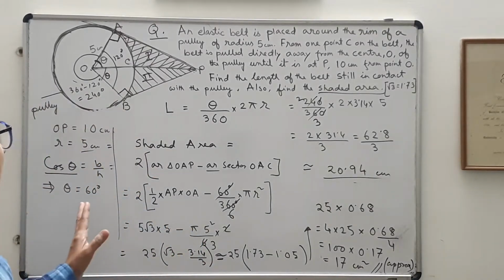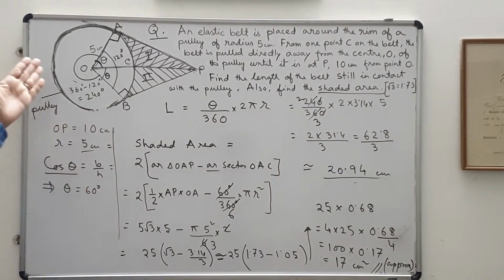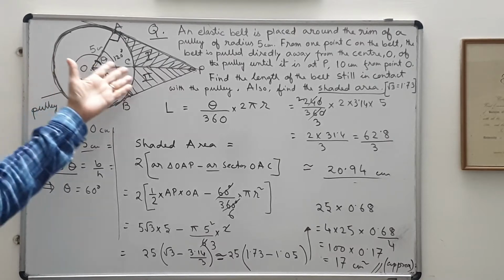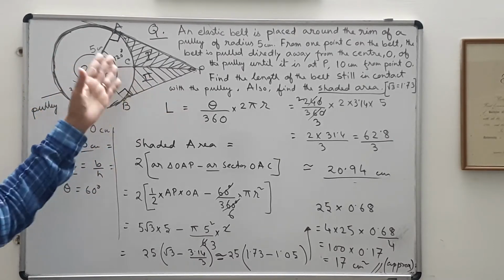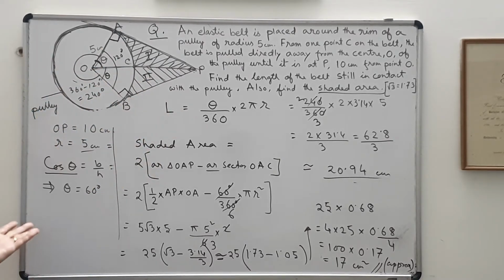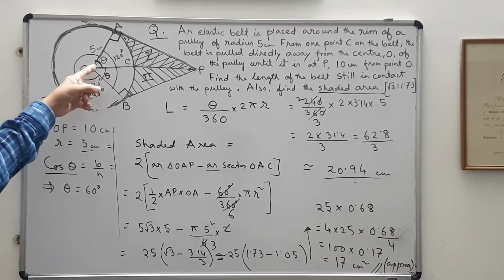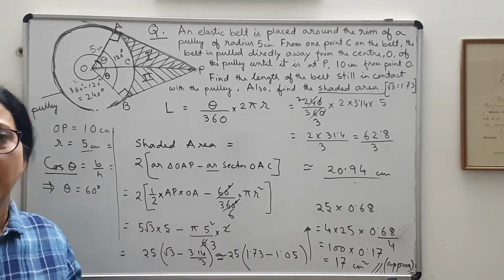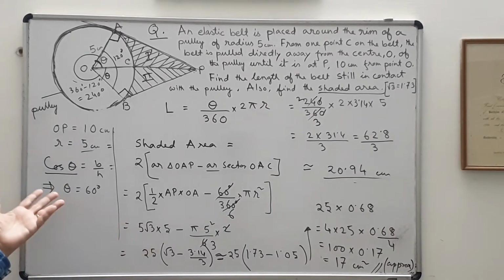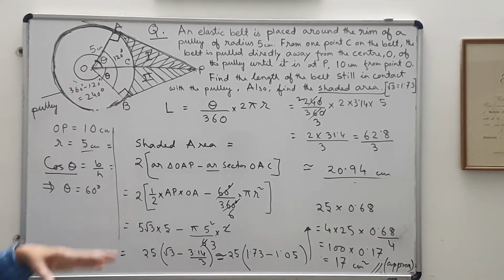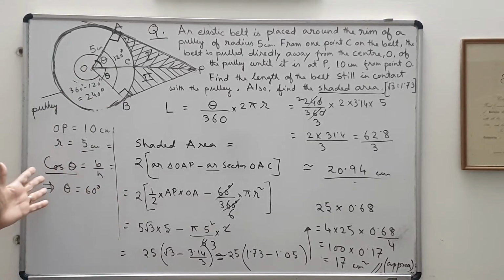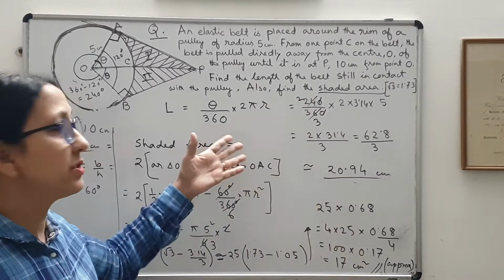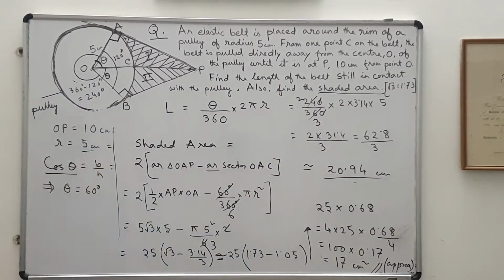Basically you have to observe the figure and figure out what standard basic geometric figures are involved, like triangles, sectors, segments, etc. And if your sector angle is not given, then you try to use trigonometry so that you can find the value of the sector angle. Trigonometry will help you. In this way you try to manage the questions of this chapter, okay.